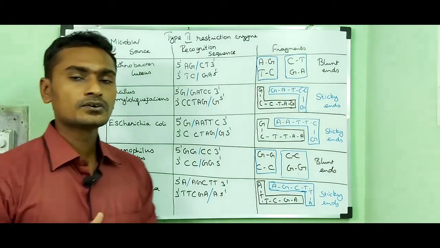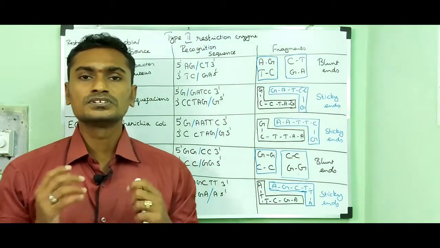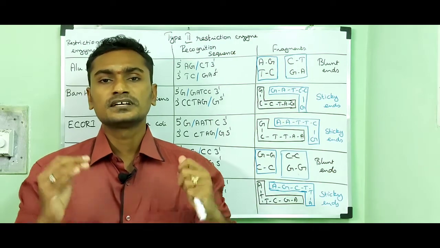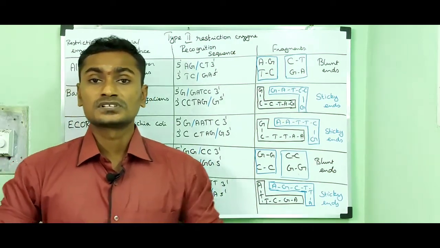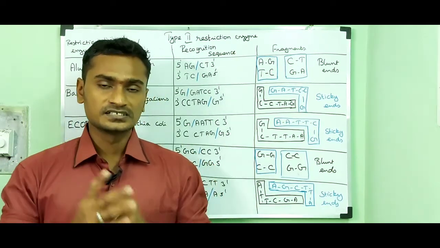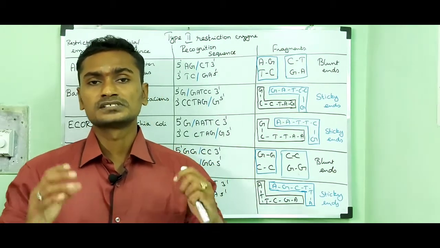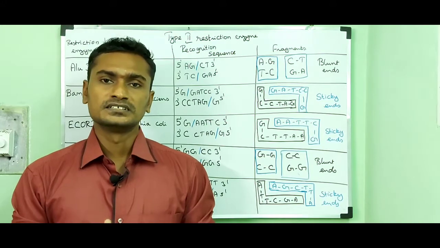Then E. coli contains two different antibiotic resistance genes, and it contains recognition sites for several restriction enzymes.